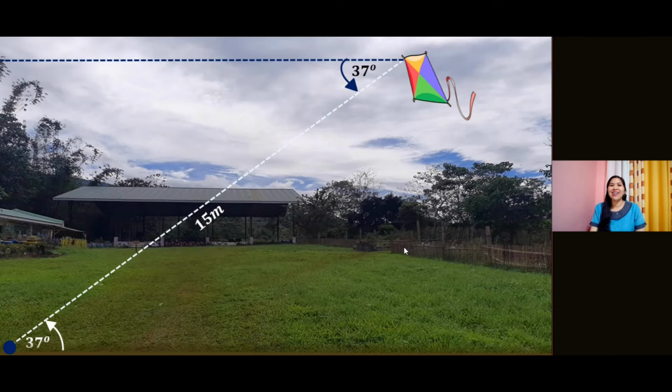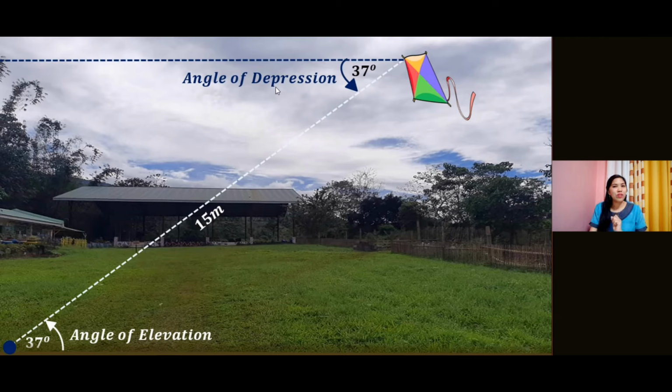Let's begin with the angle of elevation. Is it this angle here, below, or the upper one? That is below. So this angle here is the angle of elevation. How about this angle here, the upper angle? This is the angle of depression.